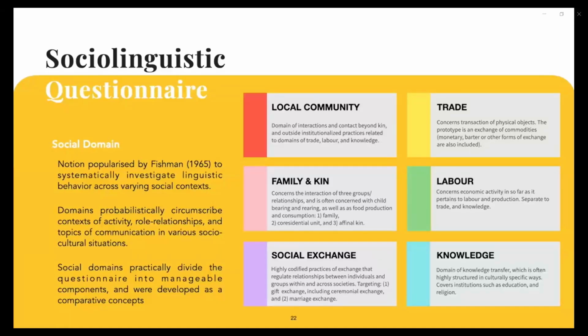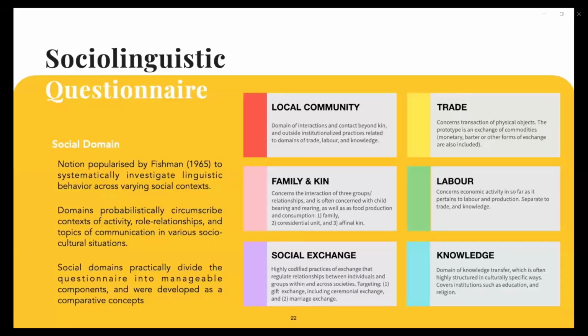So we chose social domains as a way to practically divide the questionnaire rather than just having a massive set of questions about saying, thinking generally, because that's quite hard. So rather we say, okay, let's think about trade. Is there social contact in trade between the focus and neighbour group? Great. Now let's consider some behaviours and norms, some observations that you have about behaviours and activities in this social domain.